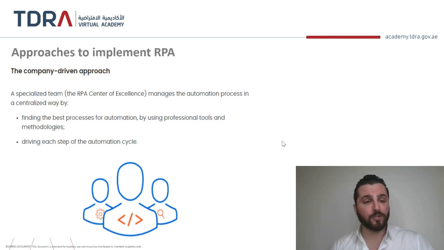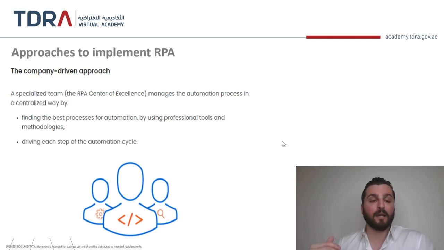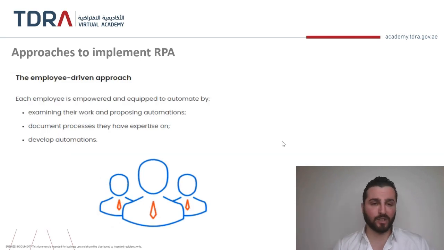In the company driven approach, we will have a particular dedicated team working under what we call the RPA Center of Excellence, which is under the big umbrella of the AI and FMT Center of Excellence. This team will manage the automation process as a centralized team, and will find the best processes to be automated, cluster the processes, find the complexity, use the professional tools and required methodologies to transform such a process, and it will always be driven by the automation cycle that we already discussed earlier.